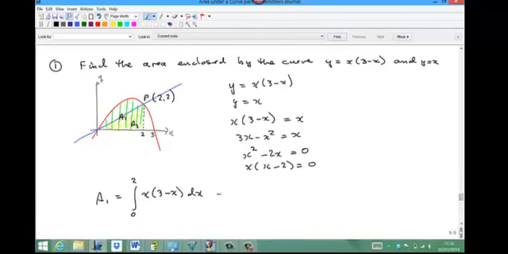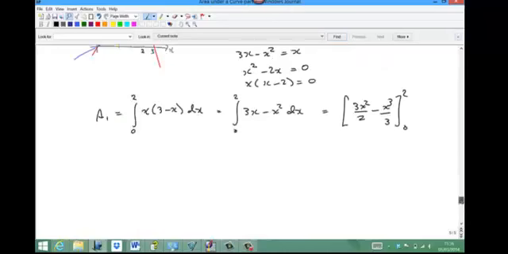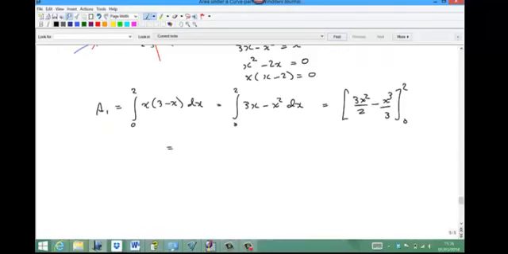Expanding, that's the integral between 0 and 2 of 3x minus x squared dx, and integrating, we'll have 3x squared over 2 minus x cubed over 3, between 0 and 2. Substituting the limit 2, 3 times 4 over 2 is 6, minus 2 cubed, 8 over 3, and substituting 0 gives us 0.